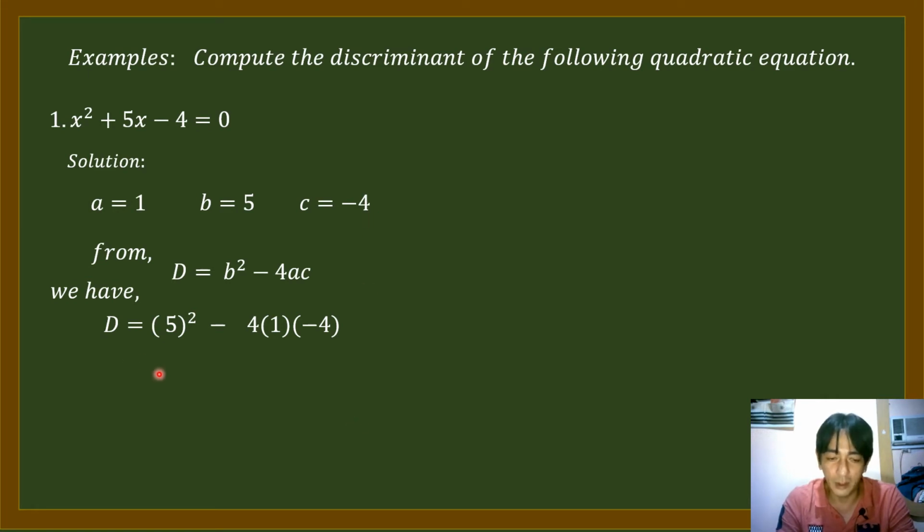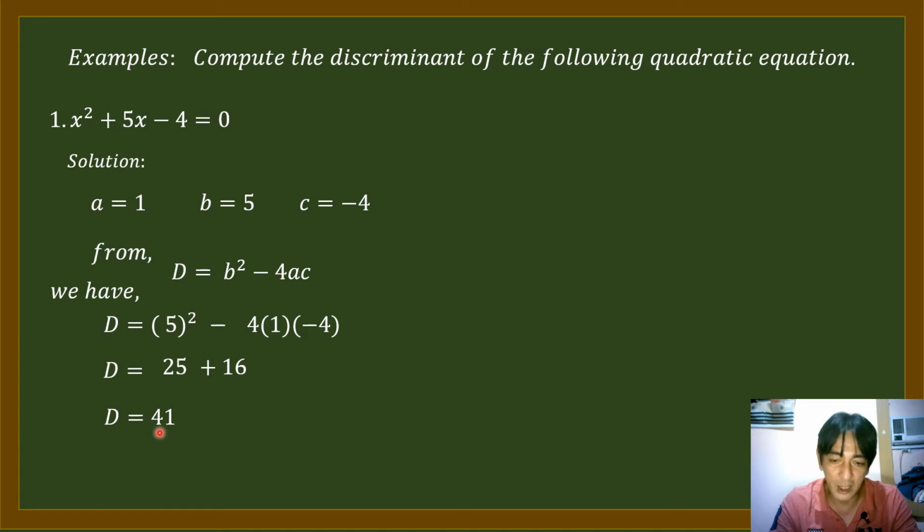Okay, so, ang order ng operation, squared mo to and then simplify mo yung next term. Okay, so 5 squared is 25, and then negative times a negative will give us a positive answer. So 4 times 1 times 4 is 16, so the answer now is 41. So ang discriminant natin is 41.